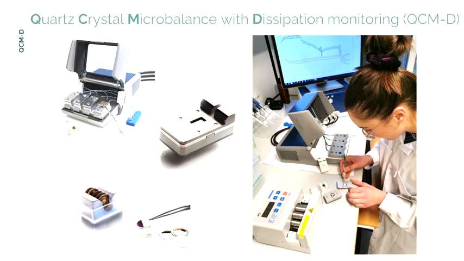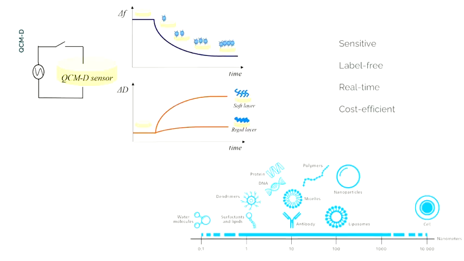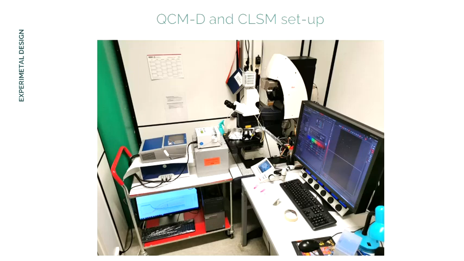By using an objective, we could observe the cells. We had one QCMD chamber in our QCMD machine, the second one was placed under the microscope, and we ran an experiment overnight.